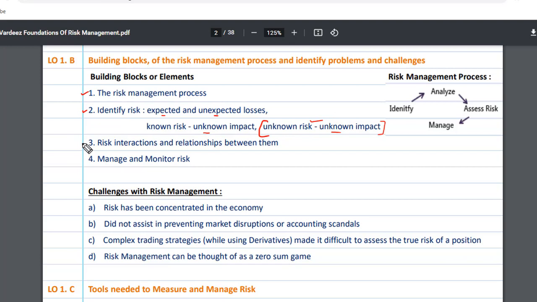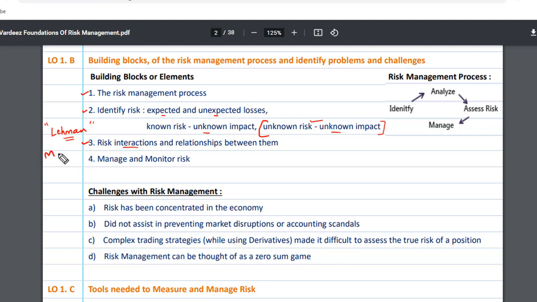Thirdly we have the risk interactions and relationships between them. Many times in the FRM syllabus you will learn about correlation among the risk factors. Now this is very much possible, and I would like to give an example of Lehman Brothers. We will talk about Lehman Brothers in learning from financial disasters, but for now understand that they faced one risk, that is the market value of their portfolio was going down, so they were facing market risk.